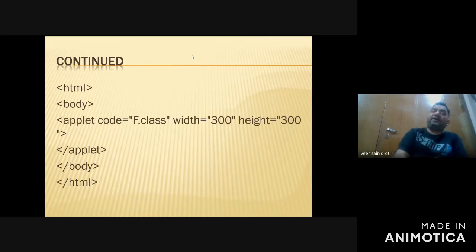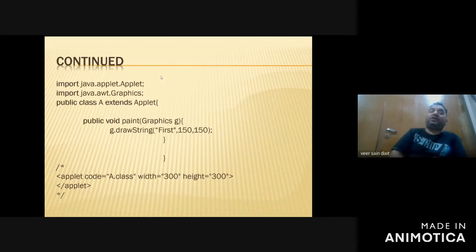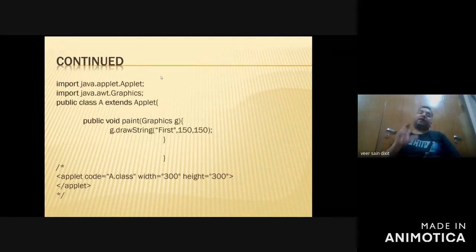Whenever you press enter, your applet will be opened with the message hi. So what is the procedure? First of all, as usual, you write your Java program on the editor, then you compile it, and then you open a notepad again and write the HTML code, and within that HTML code you embed your applet program, and from the command prompt you write appletviewer f.html, then your applet program will be executed.